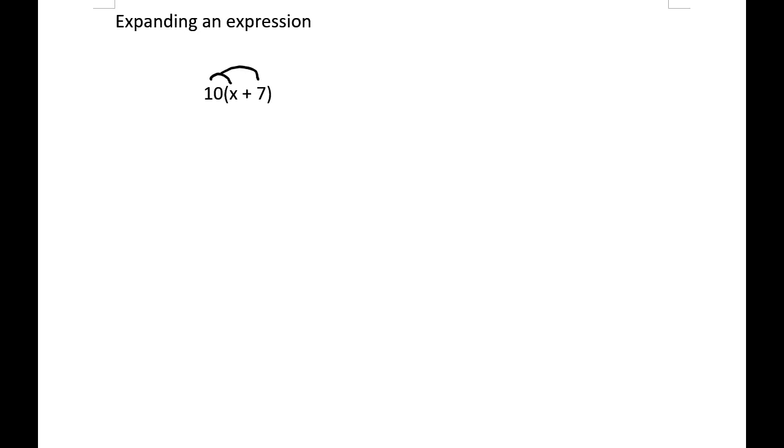So if we want to expand that, we would put this factor inside the bracket and say we have 10x. So we multiply the 10 with the x, plus we multiply the 10 with the 7.